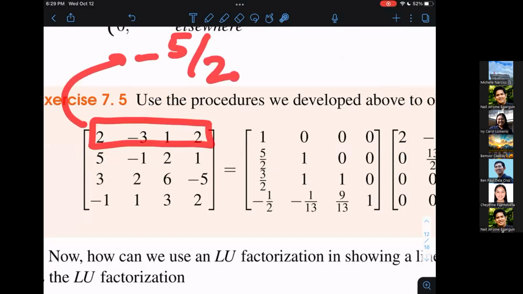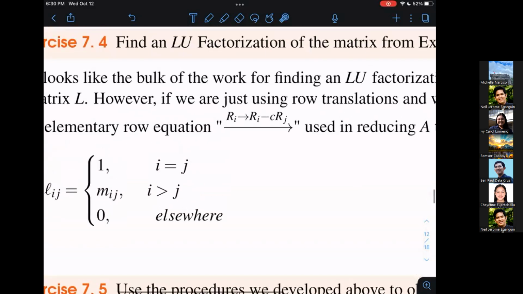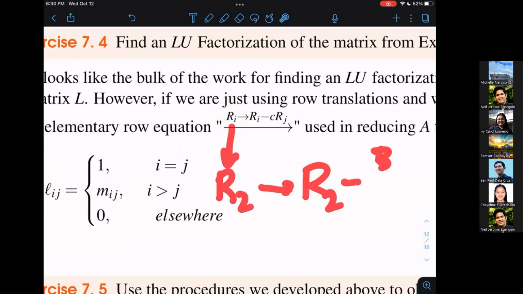Tapos i-add to dun sa second row para mag-0 ito. Right? So, kailangan mag-multiply ako ng negative 5 halves dito kay 5. Right? So, ibig sabihin, ang row operation na kailangan ko, dapat si R2 ay maging R2 minus 5 halves ni R1.